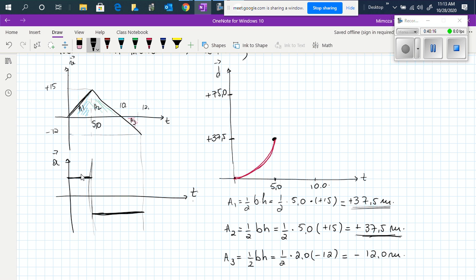So at the 10th second, the object is at this point here. But how is it going at that point? Is it going straight, curve up, curve down? Then what you do is look at the slope of the graph. The slope of the velocity time graph is negative, which means that the object is going curve down. Something like this.